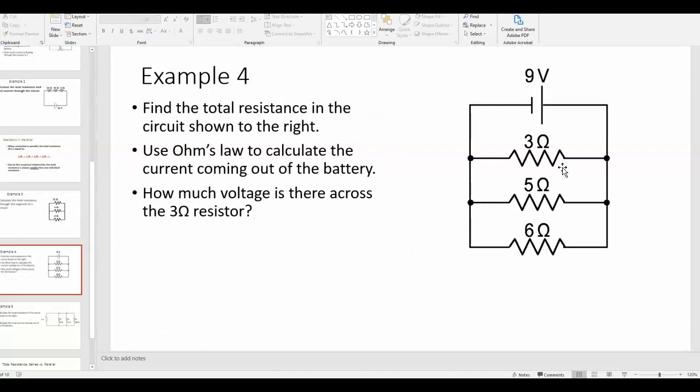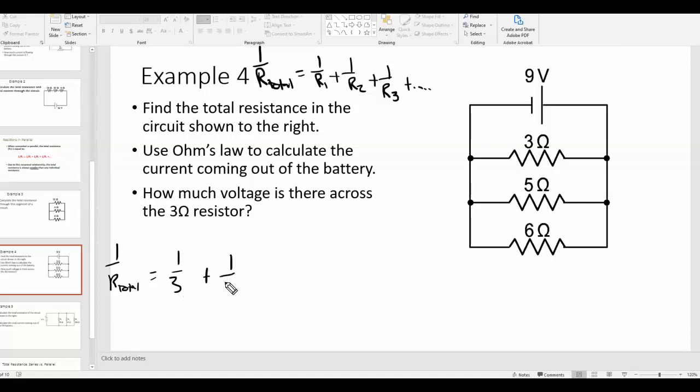The first thing I see when I look at this is that it's a parallel circuit, so I need to use the big old equation for total resistance: 1 over R total equals 1 over R1 plus 1 over R2 plus 1 over R3, etc. Because it's parallel, 1 over R total is equal to 1 over 3 plus 1 over 5 plus 1 over 6. And you can do this in your calculator if you would like.